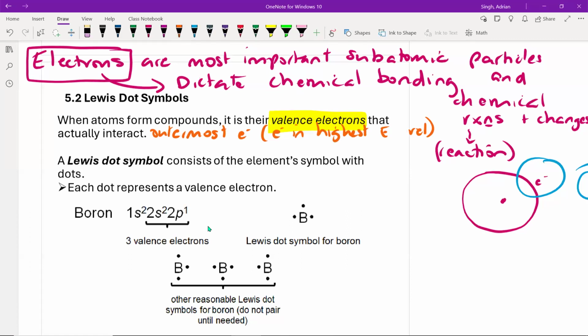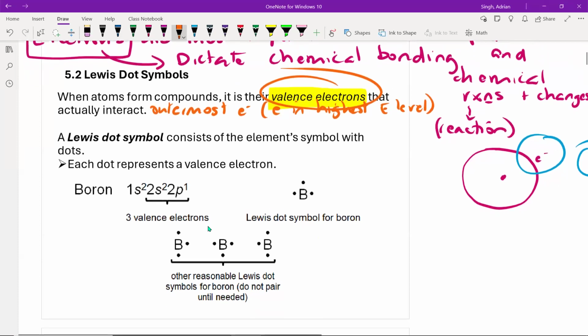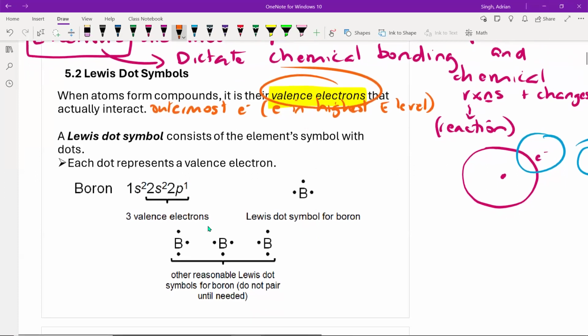So when it comes to bonding and reactions, electrons are the most important, not all the electrons, the valence ones. So we can focus in on the valence electrons, and we can actually use them in conjunction with other characteristics from the elements we can derive from the periodic table, and we can use that information to predict how the different elements are going to bond with each other, how they're going to react with each other.